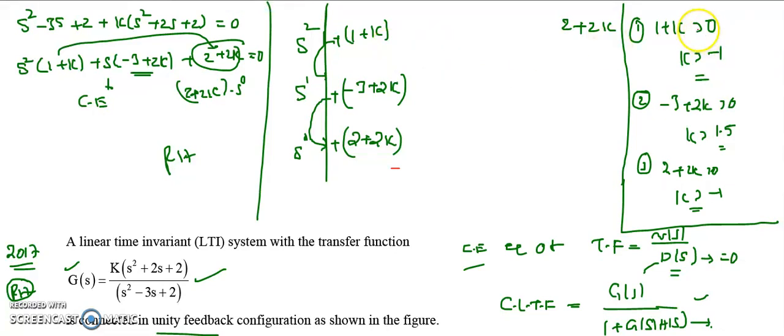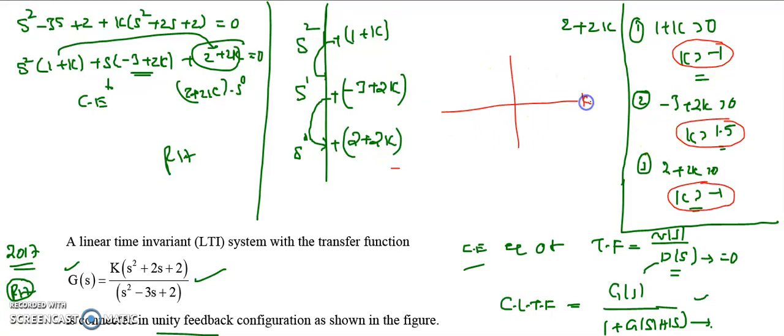Okay, so if you observe, it is the first condition, second condition, and third condition. Let this axis be k. For k greater than minus 1, somewhere here I will have the minus 1, so this entire region comes under minus 1.